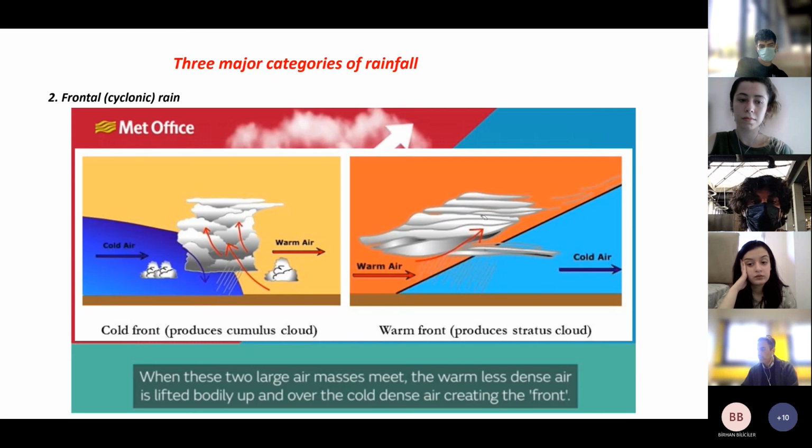Therefore, we will have precipitation. And at these areas, which is generally a large area, an entire city, an entire province, we will have rainfall. This is the second type of precipitation or rainfall. It is called cyclonic rainfall or frontal rainfall.